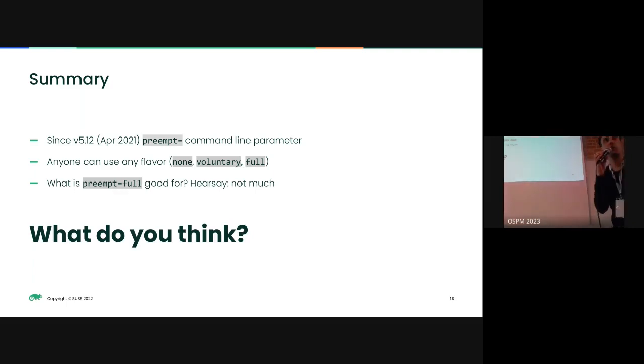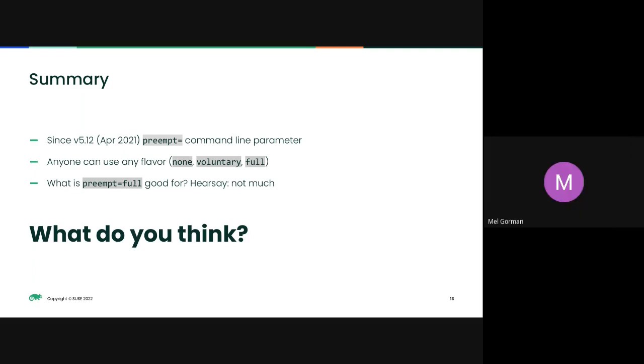Mel, is it still available for this question? It wasn't the question. I don't think that preempt full would go away at any point, or at least not any time soon, because, as Thomas pointed out, it is really a function of the workload. When looked at none versus voluntary versus full versus preempt RT, they were on a nice curve in terms of throughput versus latency.